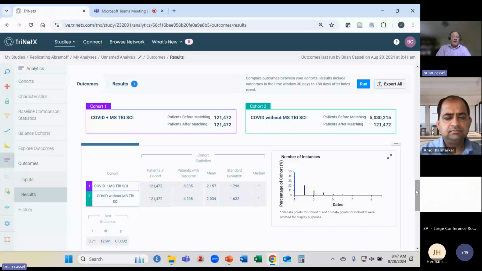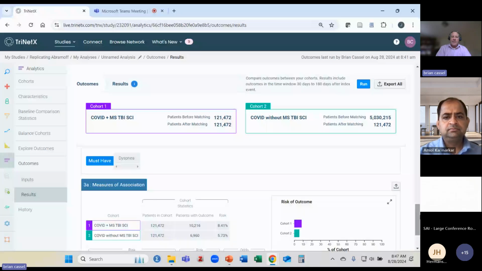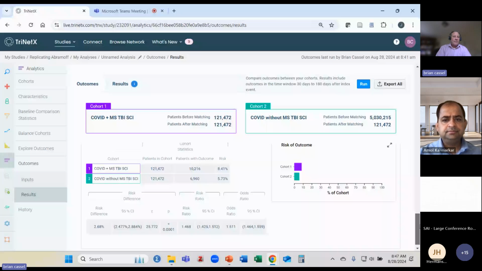And our third kind of outcome that we're looking at is the incidence of dyspnea. This could have been pre-existing.